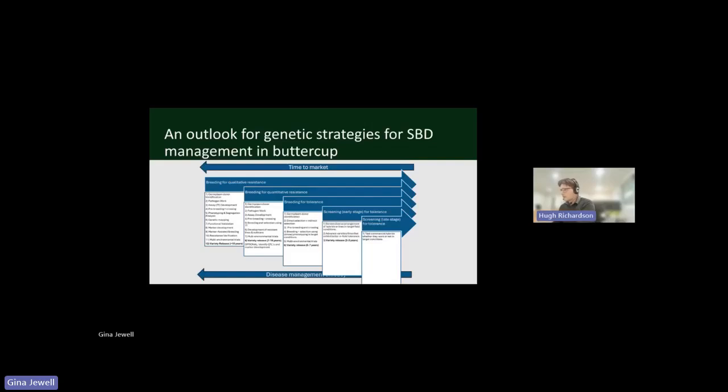Just a quick overview. This is an outlook for different approaches for how you can do disease management through breeding. On the far right, we've got the most near-term options, which are probably the least effective as far as their efficacy. You've got late-stage screenings, early-stage screenings. Then you've got breeding for tolerance through your different methods, your direct and your indirect approaches. You've got quantitative resistance. And then at the very far end, you've got your qualitative resistance.